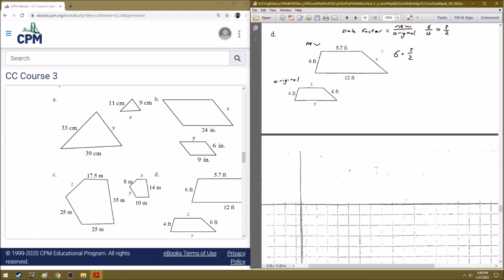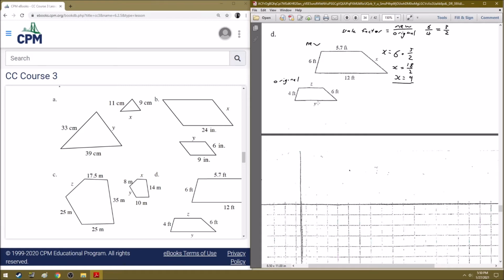So x is going to equal 6 times 3/2, which is 18/2, which means x is going to equal 9.